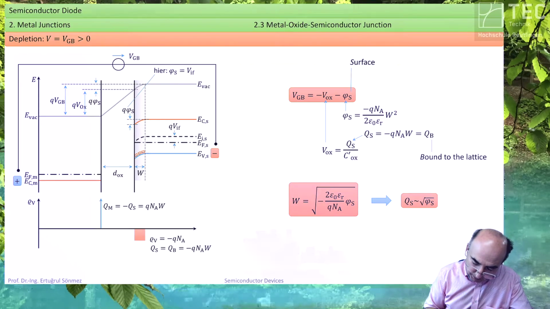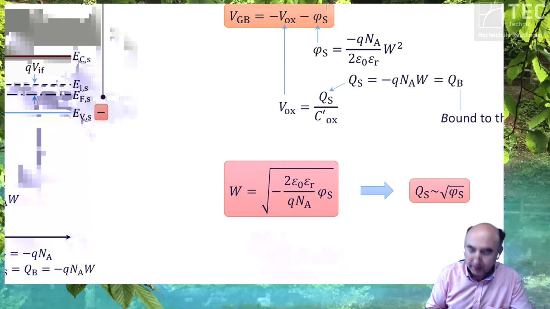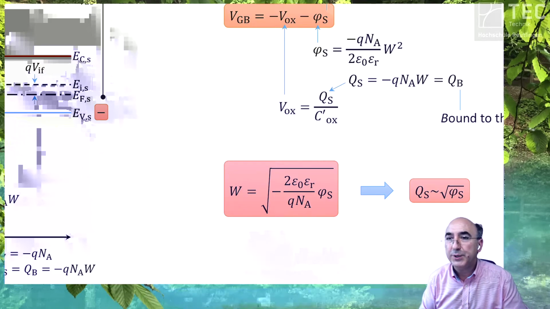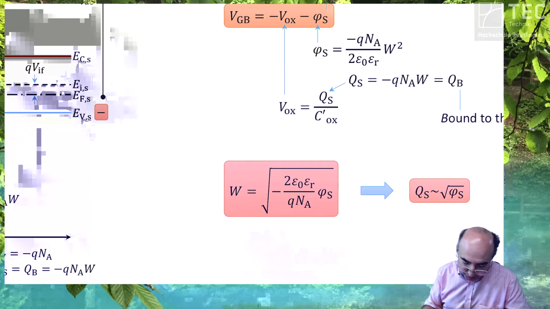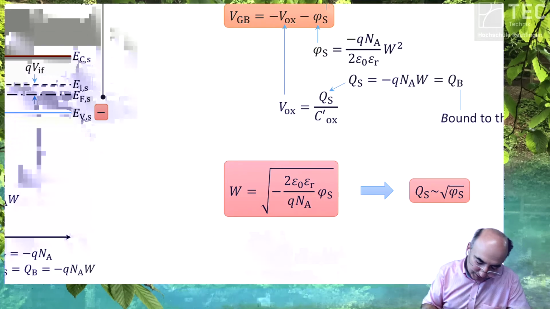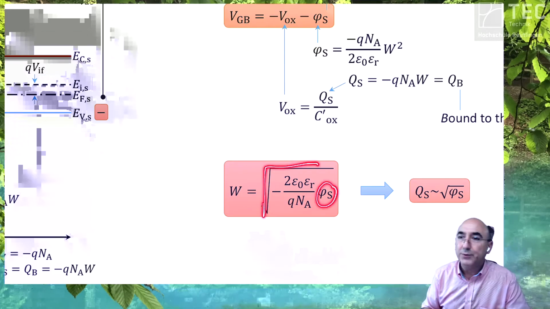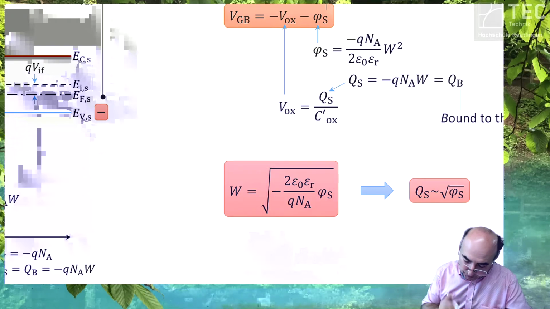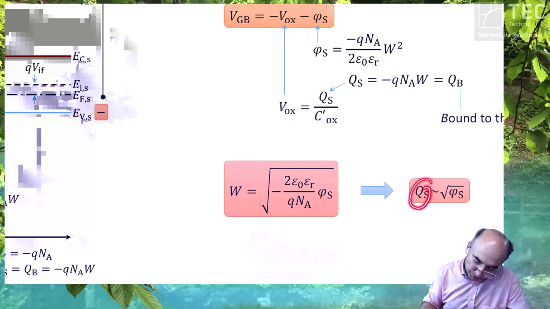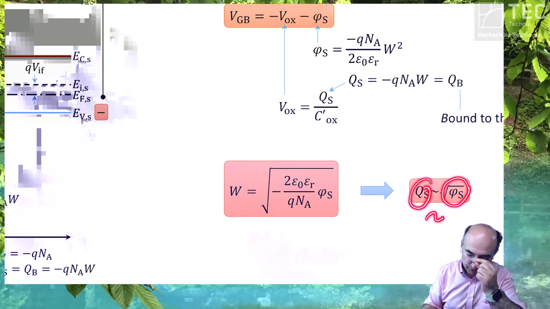Okay, and the width of the space charge, we know this equation from all our lecture slides before. It is square root dependent on the voltage. Here we have it again. So therefore, the charge is proportional to the square root of the potential.